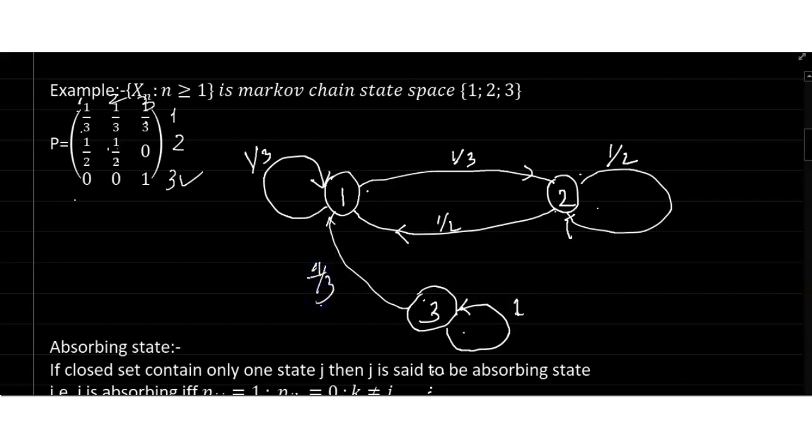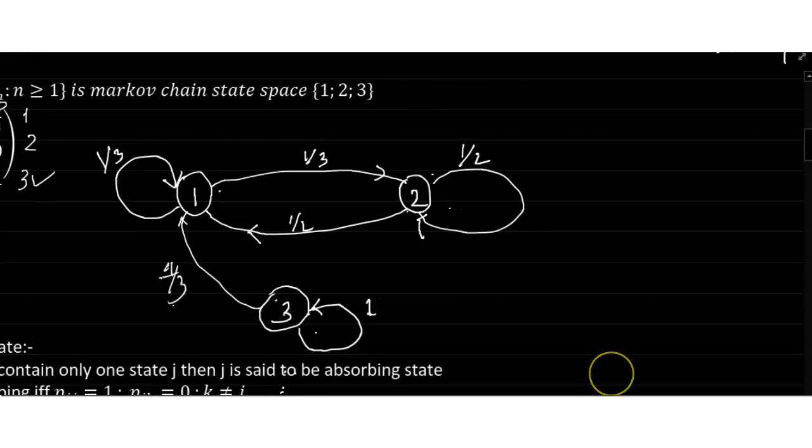Friends, I have already taught how to draw a directed graph. So you see, this is my directed graph. Now Ci: the communicating class C1 equals 1, 2, because we can go from 1 to 3 but can't return from 3.